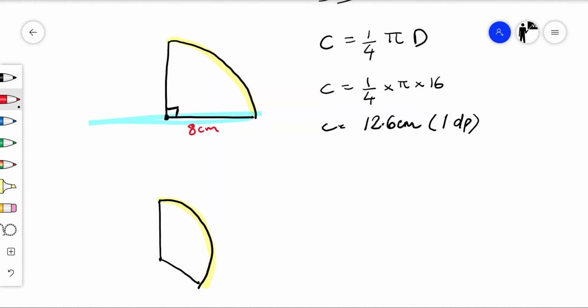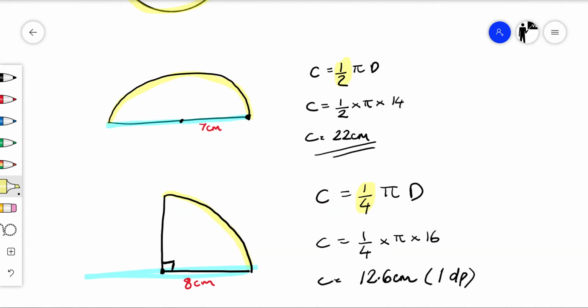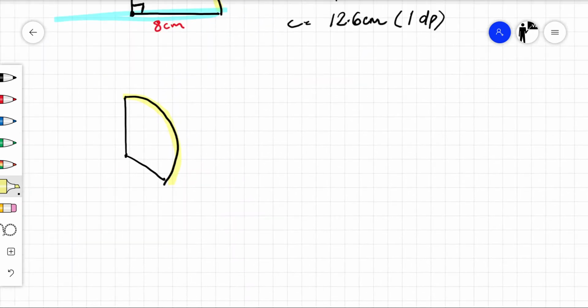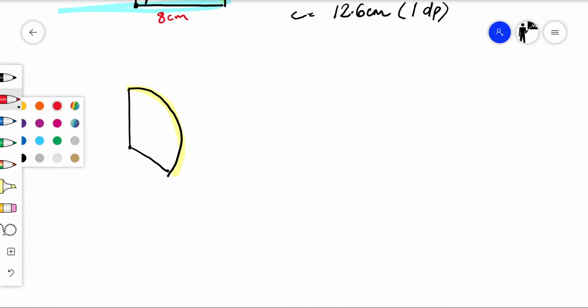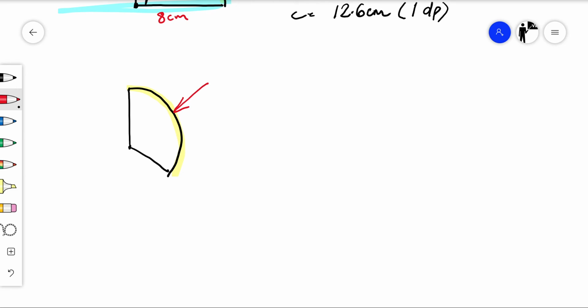So identifying this fraction at the start is going to be a wee bit more tricky. See in this question here, this yellow part that we're going to want to work out, this is what is referred to as the arc length. That's the length of the arc around this section of the circle.